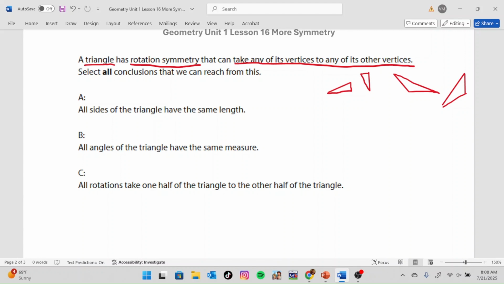So that means I'm going to need an equilateral triangle. If I have an equilateral triangle, then I can rotate each of these corners to the next one.